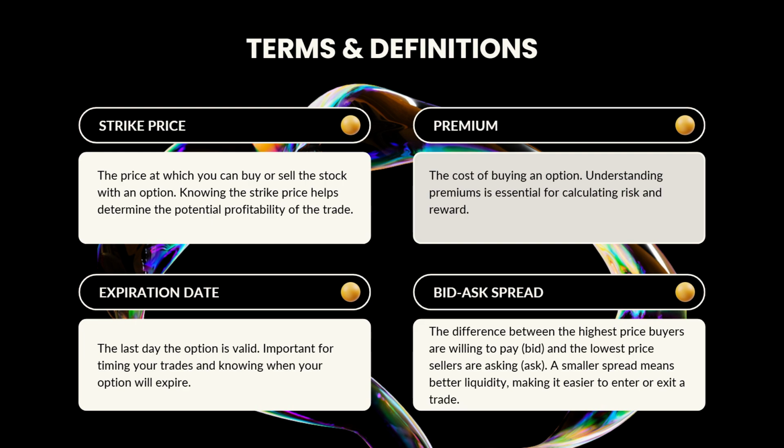A bid and ask spread is basically the sellers selling what they want their contracts for, aka the ask, and the buyers bidding on how much they want to pay for a contract, aka the bid. I will show you what this looks like right now.